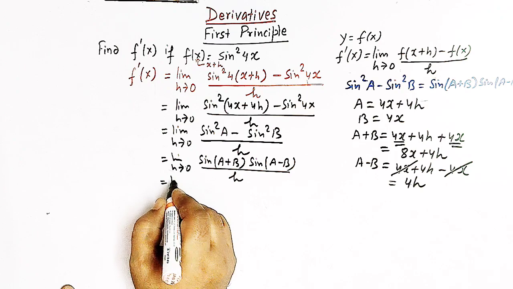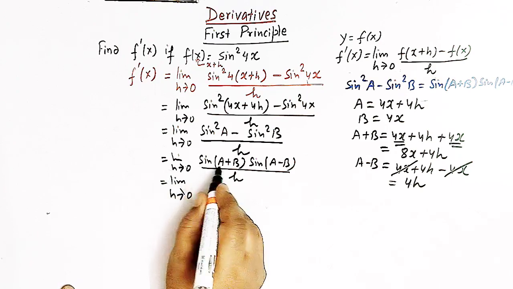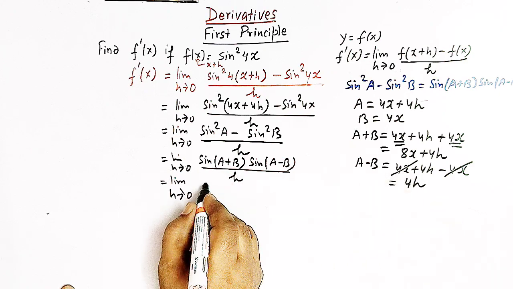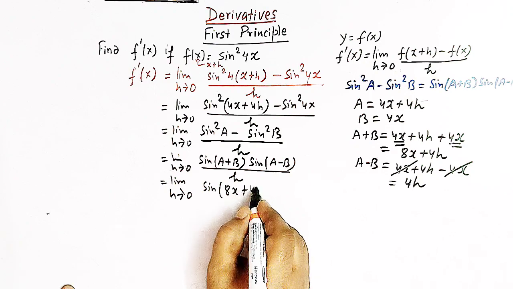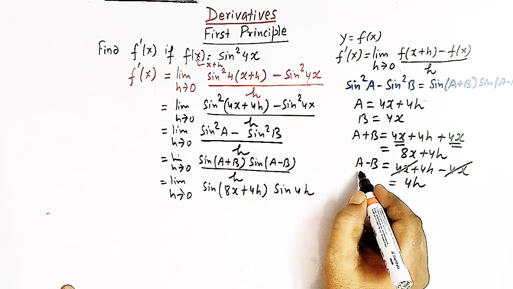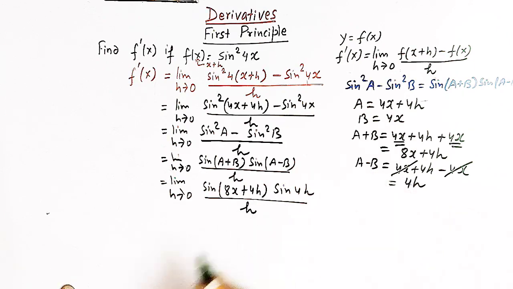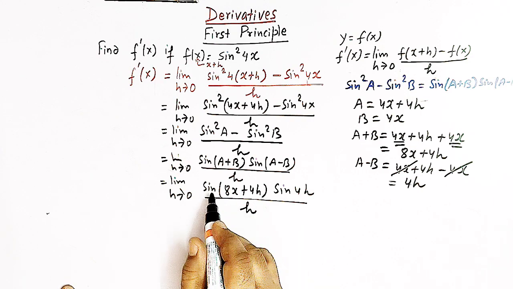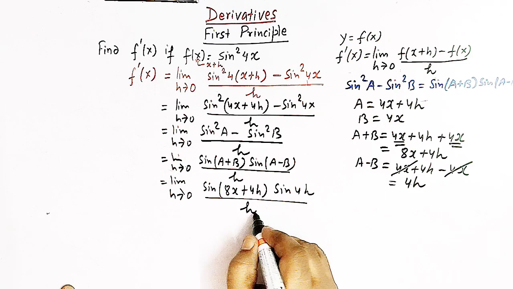So now we have a limit h tends to 0, and here for sine a plus b we have sine of 8x plus 4h. Then we have sine of 4h, because a minus b is 4h, and here we have h. So now we have sine 8x plus 4h times sine 4h over h.